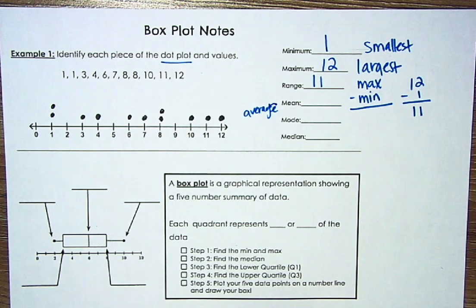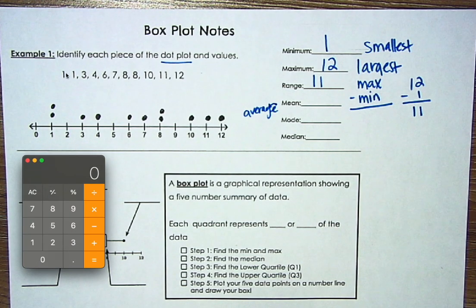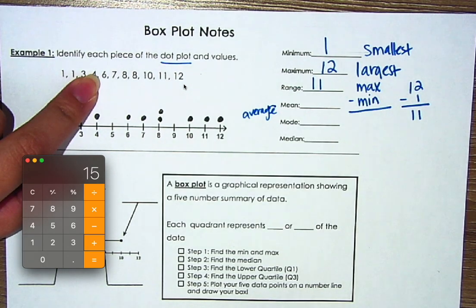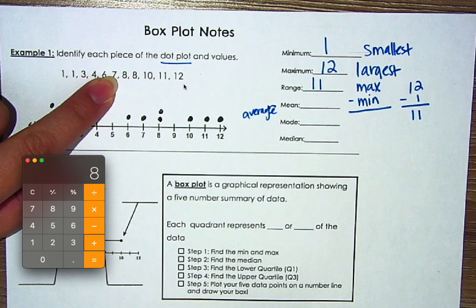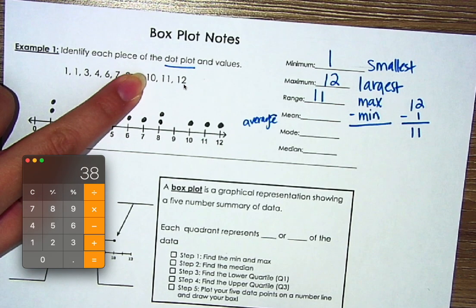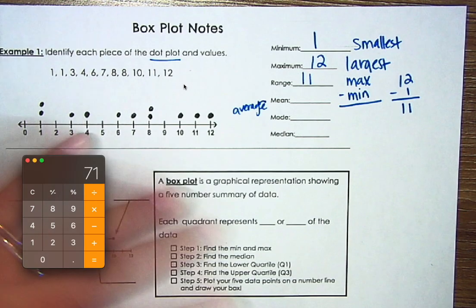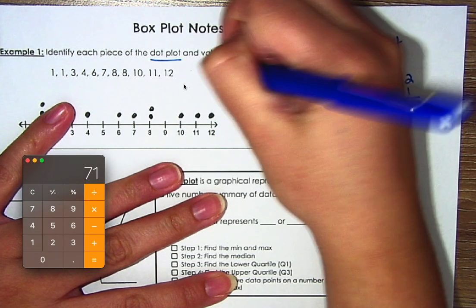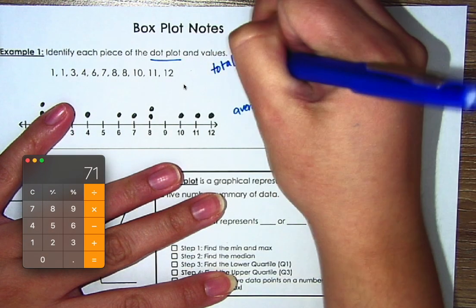I'm going to use a calculator for this so you can see. So I'm adding up all these numbers here. So 1 plus 1 plus 3 plus 4 plus 6 plus 7 plus 8 plus 8 plus 10 plus 11 plus 12. So my total gives me the 71. I'm going to put total the 71.